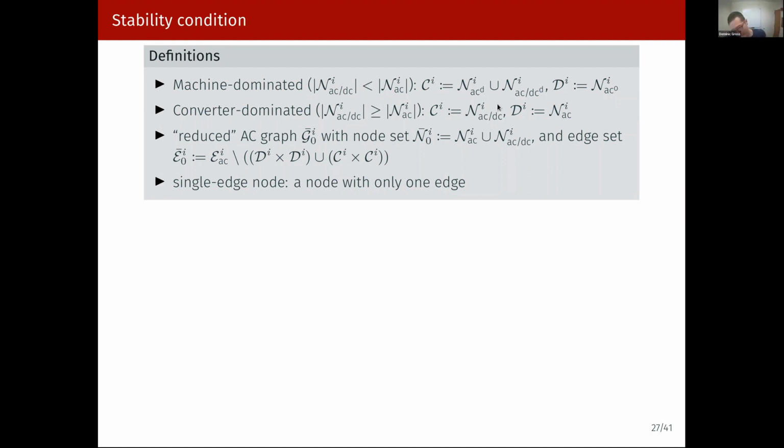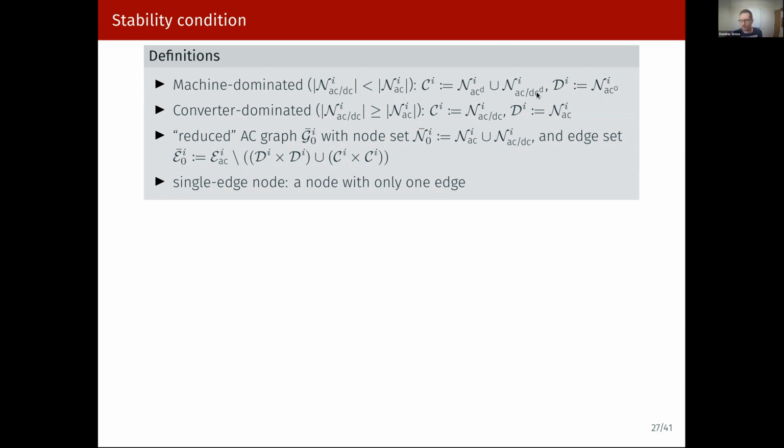In a machine-dominated system, that would be machines and power converters that are backed by a source that has flexibility, and then machines that don't have any source or don't have any flexibility behind it. So like synchronous condenser, flywheel, wind turbine at the maximum power point.